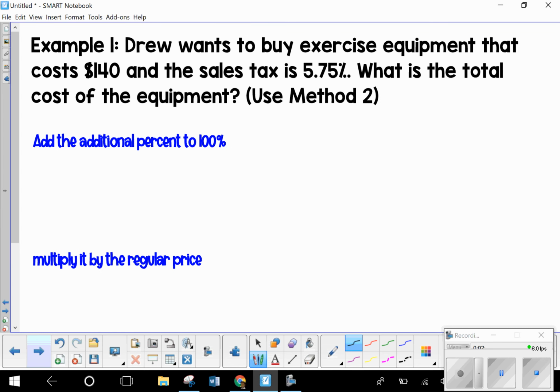For example 2, we're going to answer the same question but use a different method. It says add the additional percent to 100%.